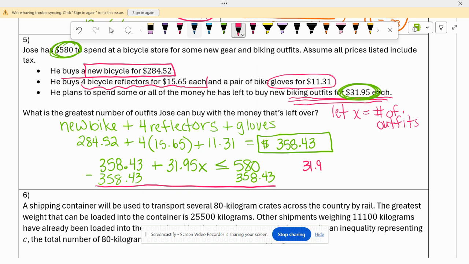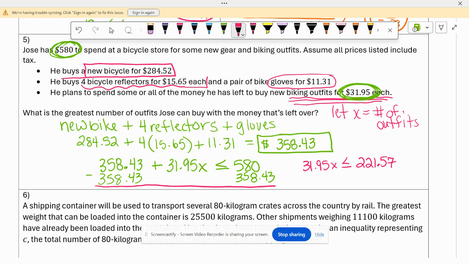So Zan, tell me what 580 minus the 358.43 is, please. 221.57.